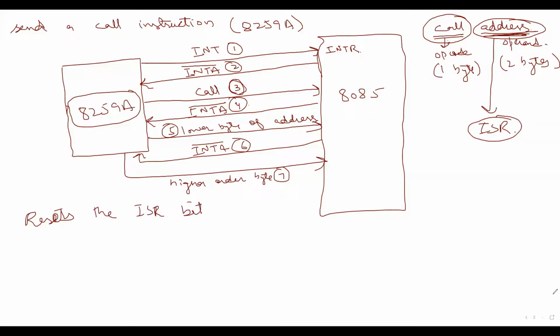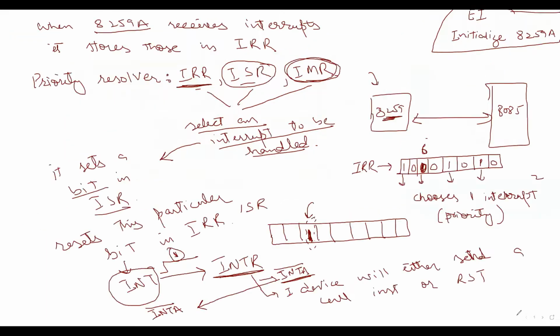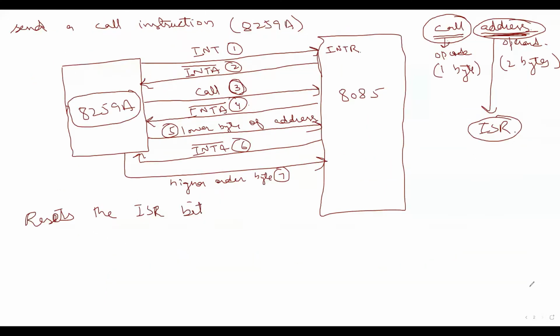For example, here we have said that it will set a bit in ISR for that particular interrupt. Now, since it has sent both the call instruction and its address, that particular interrupt has been completed. So it will reset the ISR bit. Resetting the ISR bit means it has completed its execution.